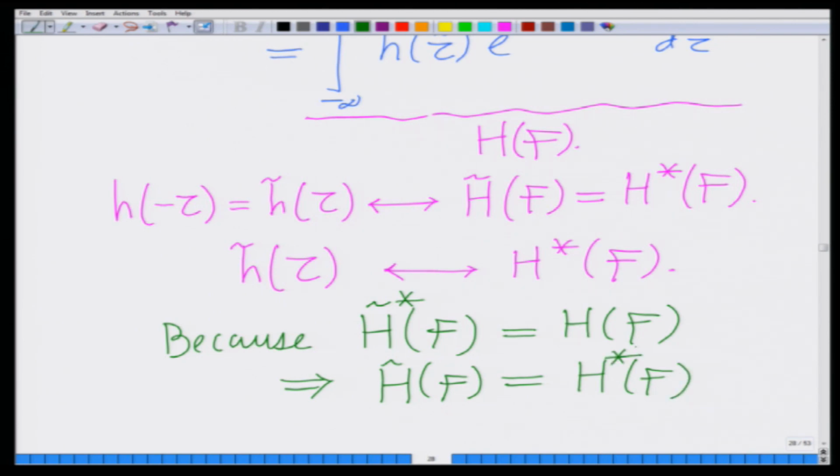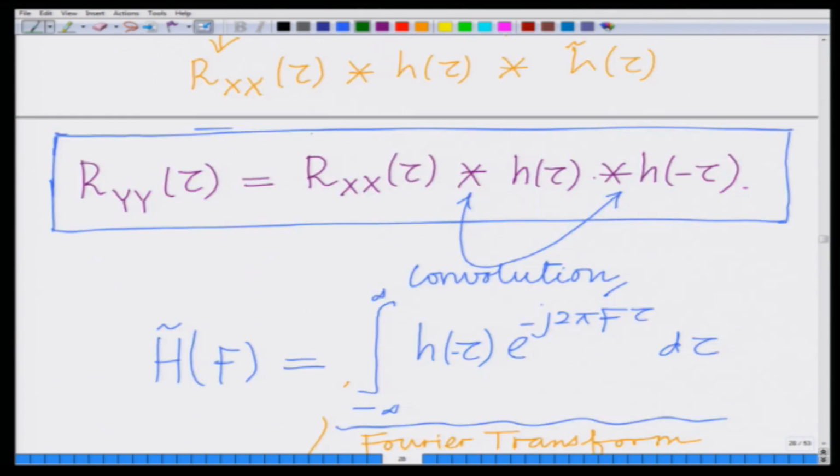Now, if I substitute this in here, I have R x x tau, whose Fourier transform is the power spectral density of x, that is S x x f, times, remember, convolution in time domain or tau domain implies multiplication in the frequency domain, times h of f, times the Fourier transform of h of minus tau. We have shown this is h conjugate of f, and this is the power spectral density S y y of f.